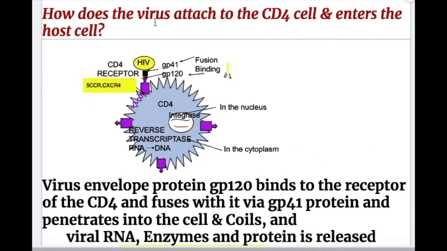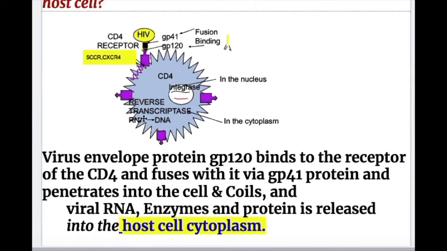How does the virus attach to the CD4 cell and enter the host cell? The virus envelope protein GP120 binds to the receptors on the CD4 cell and fuses with it with the GP41 protein and penetrates into the cell and coils, and viral RNA, enzymes and protein are released into the host cell cytoplasm.